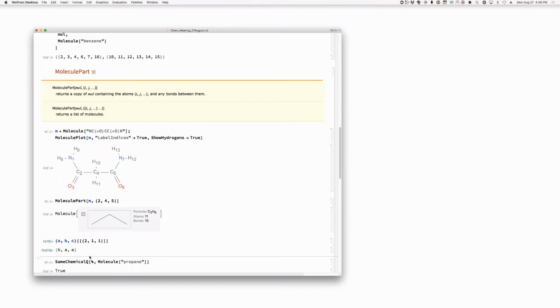Yes, please. Okay. Molecule part is extracting essentially the subgraph with elements 2, 4, 5 from the molecule. I'm asking, what is the analogous function for graphs? The subpart.